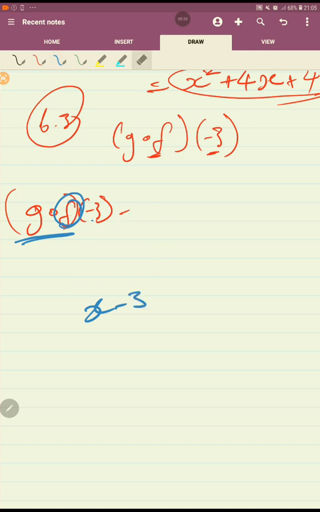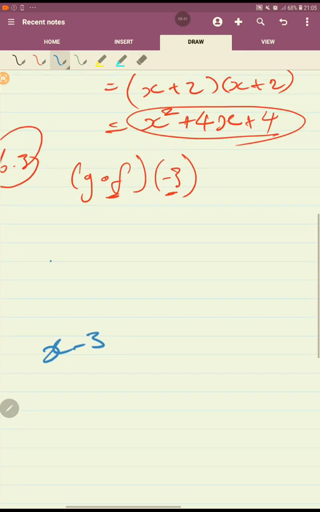When we solve equations like this, we take the answer from the previous equation.